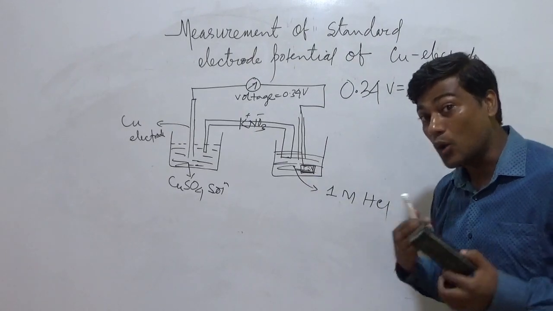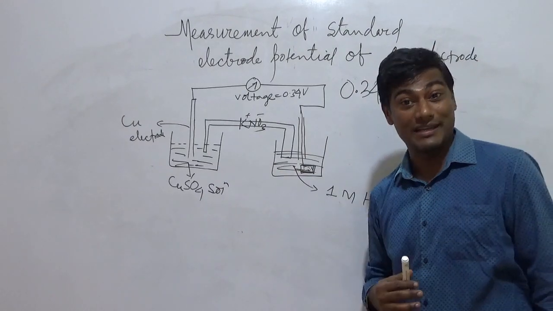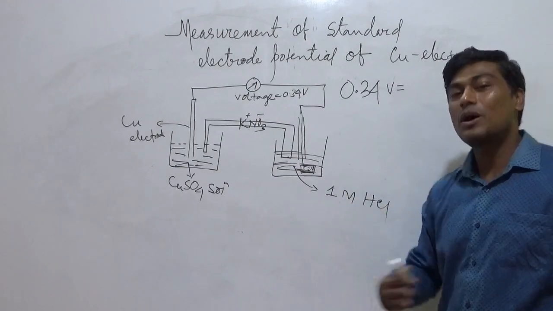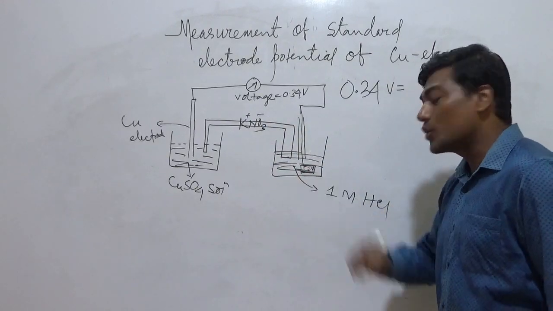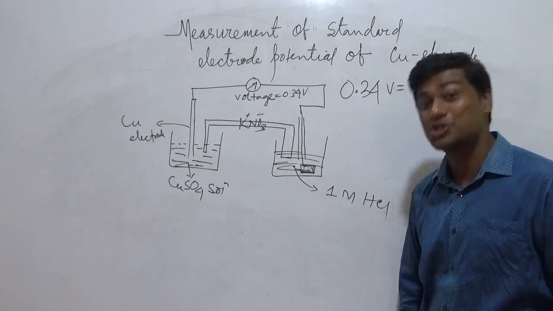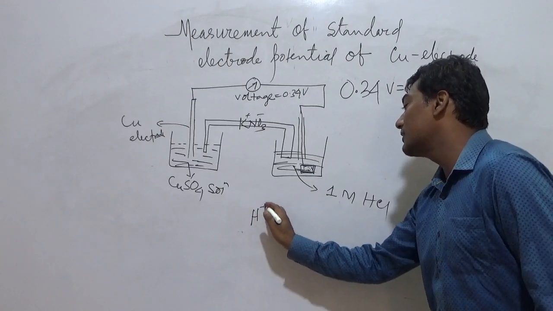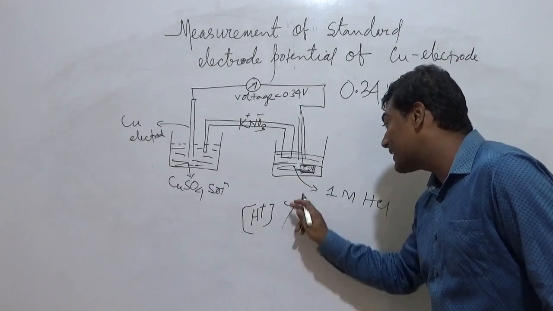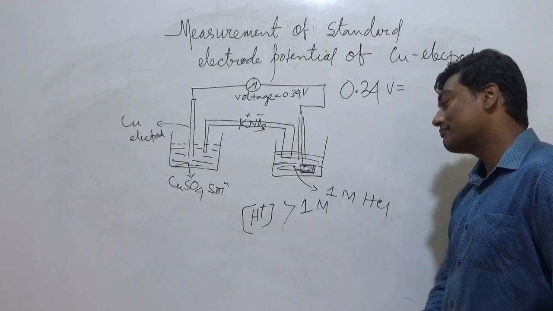But once again, how to know which of them is the oxidation electrode and which one is the reduction half cell? So how to confirm? After you get a steady voltage, when you titrated the hydrochloric acid solution inside this chamber in the standard hydrogen electrode, it was observed that the H plus ion concentration was greater than the previous 1 molar concentration.